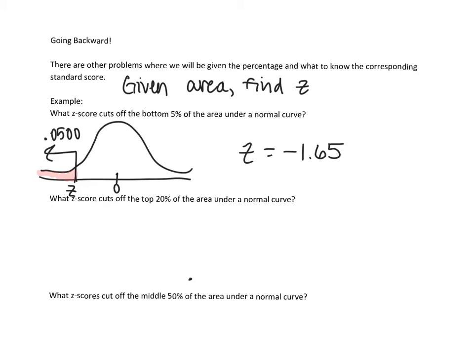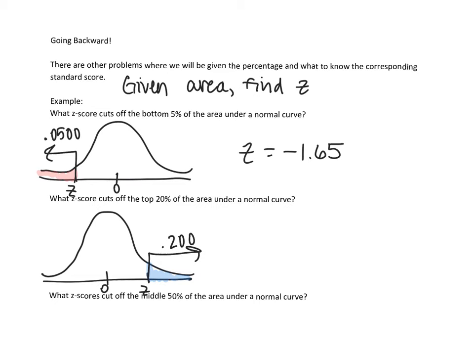So then on the next one, we want to know what z-score cuts off the top 20%. We have our curve with our mean of 0, and we have some z-score. So the top 20%, remember z-score tells us the area under the curve, so we want the top 20%, 0.200, which means we're looking for the z-score that gives us 0.8000.